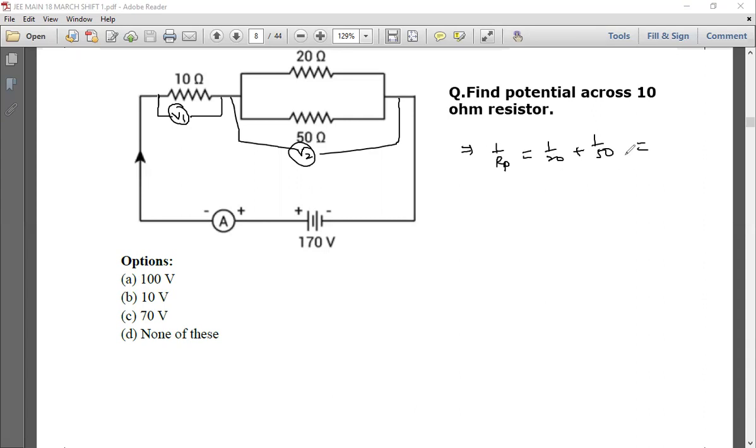So how much will you get? 70 by 1000. Yes. So Rp is equal to what? 1000 by 70. Is that right? Yes, no? Check. So this is 100 by 7.